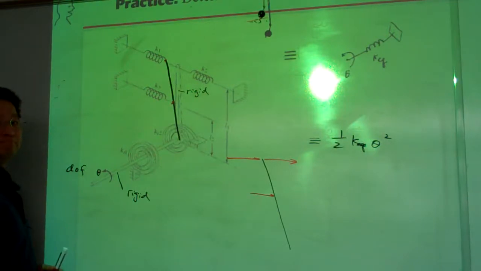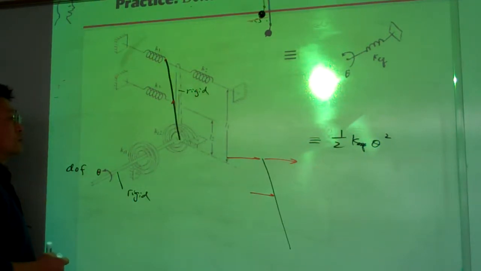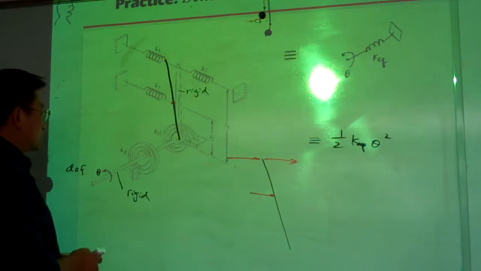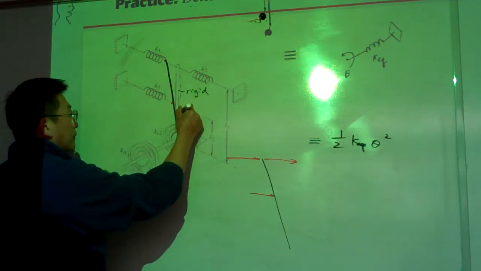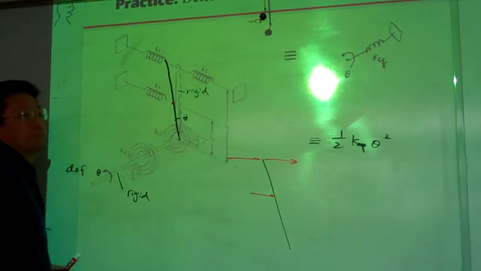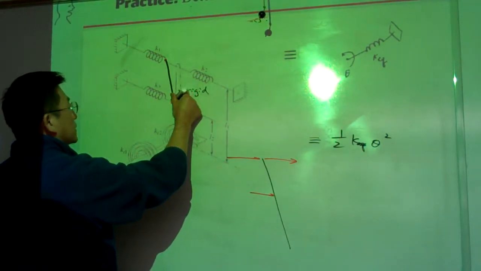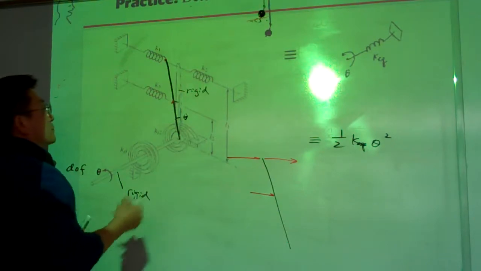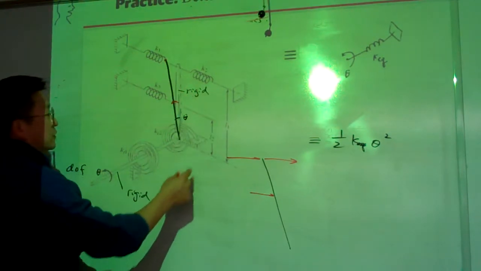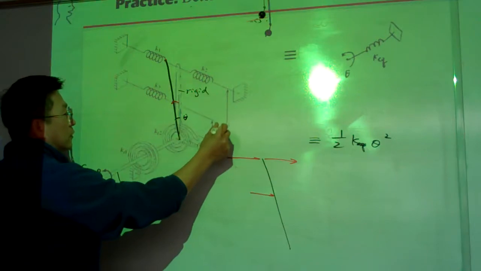You good? Okay. So right now we simply write the equation here. If this is theta, then this is theta. Right? So that means the displacement here is how much? This displacement simply is, this is L2, this is L1.